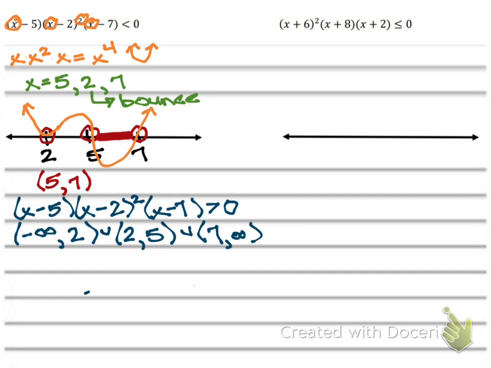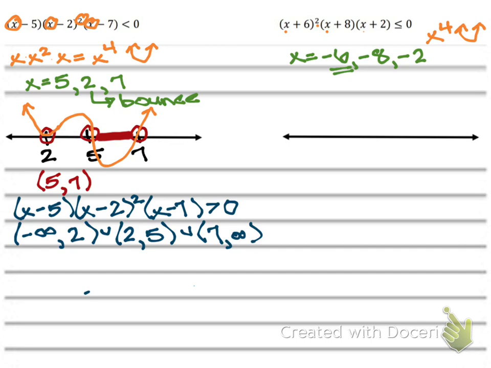Okay, so we have x squared times x times x. So again, we have x to the fourth, which acts like a quadratic, right? Let's look at our zeros. I have a negative 6, a negative 8, and a negative 2. And the negative 6 is going to bounce, right?